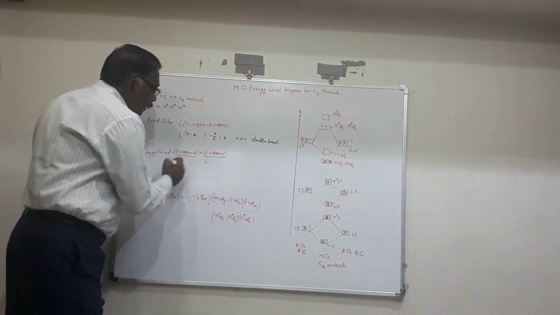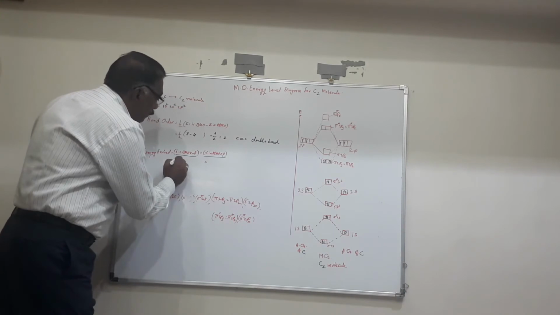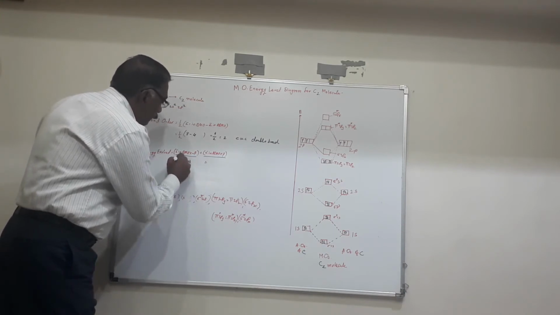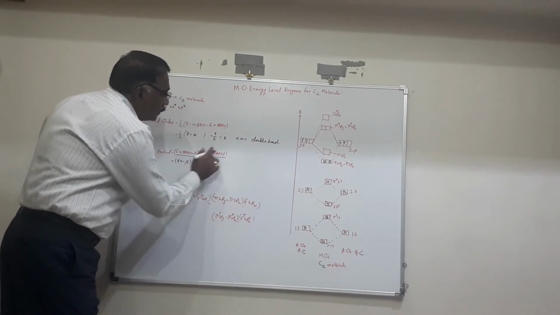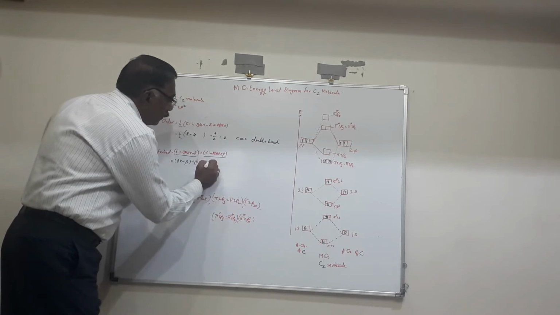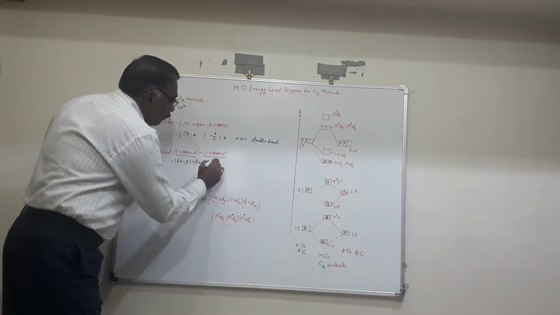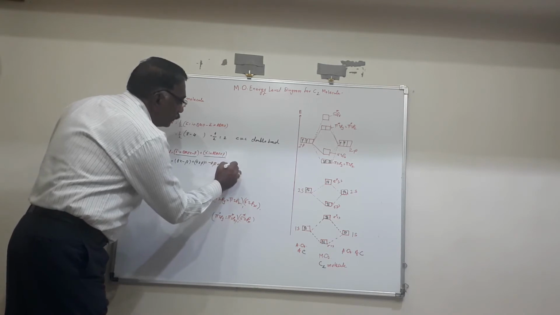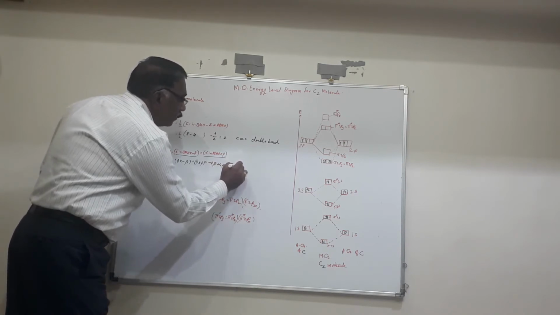Here the electrons in BMO are 8 into minus beta, plus electrons in ABMO, these are 4 into plus beta, which is minus 8 beta plus 4 beta.